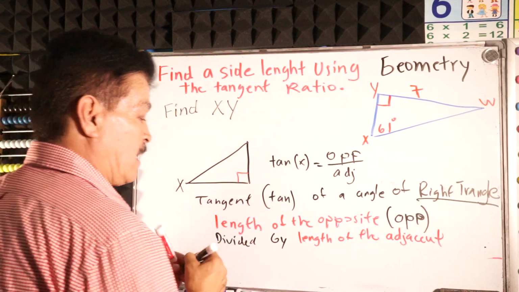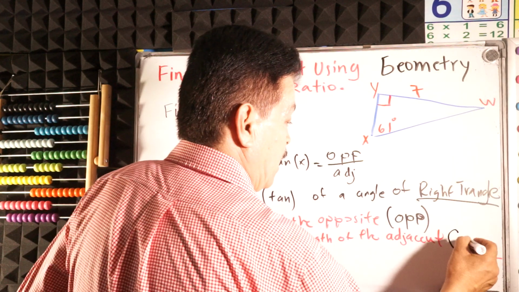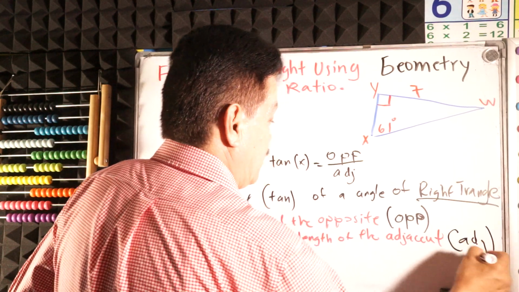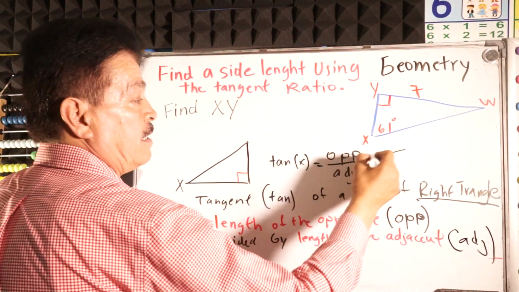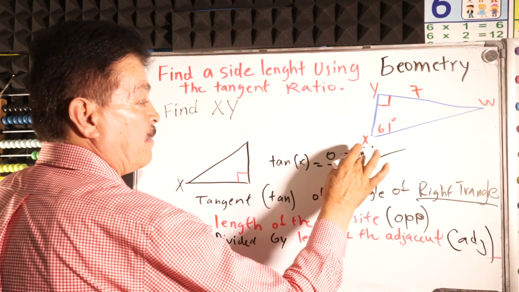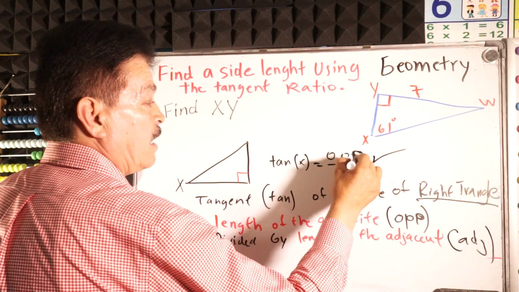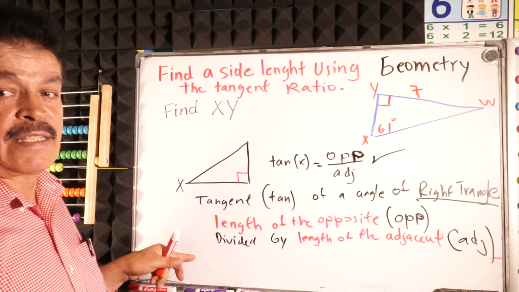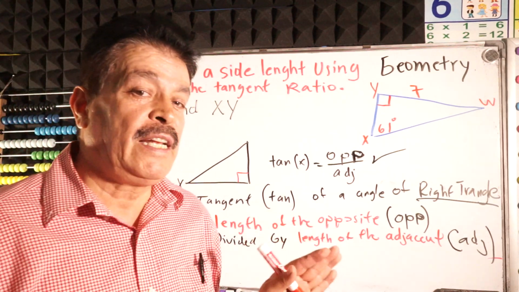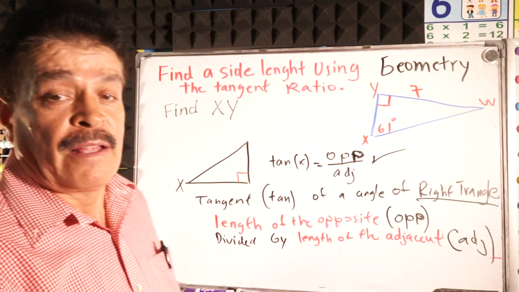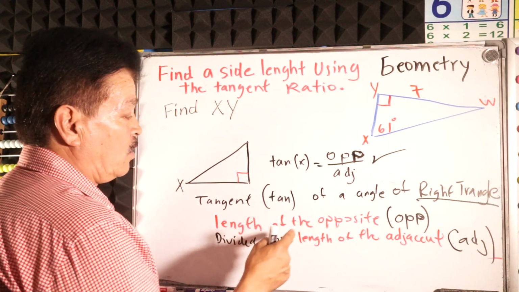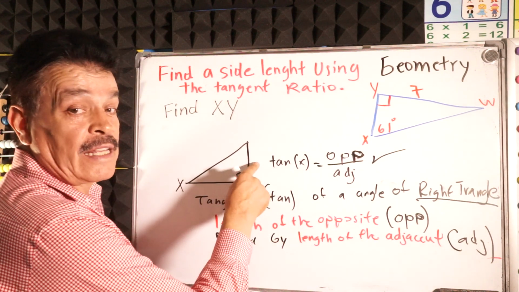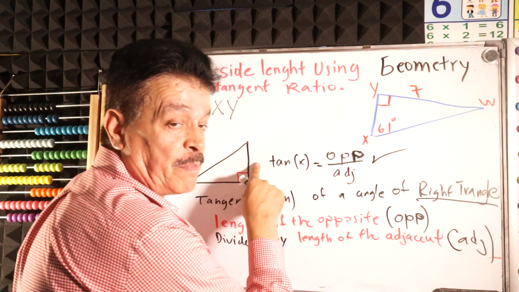So you just write it like this: opposite over adjacent. I have the formula right here. The opposite leg is the side across from the specified angle.